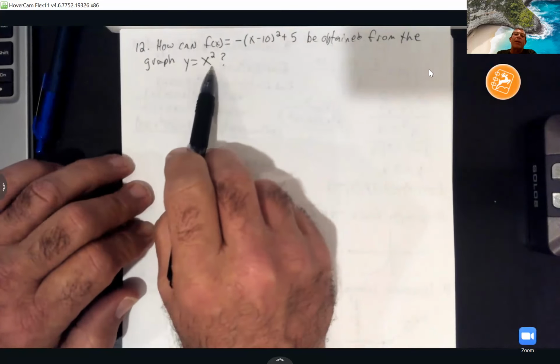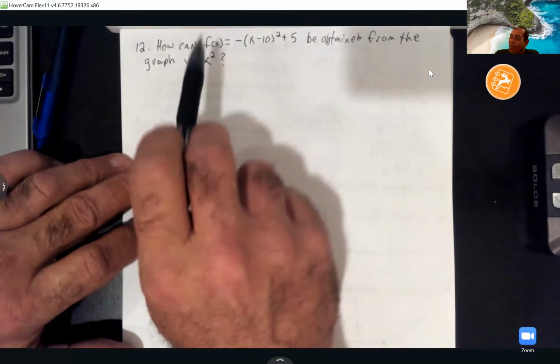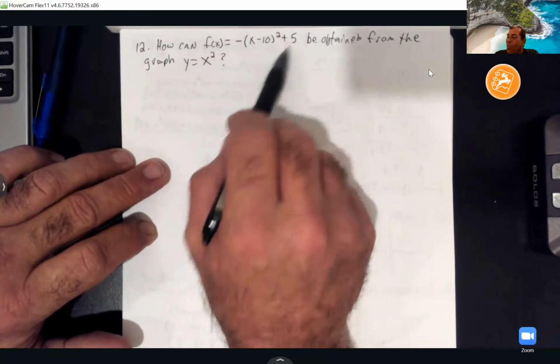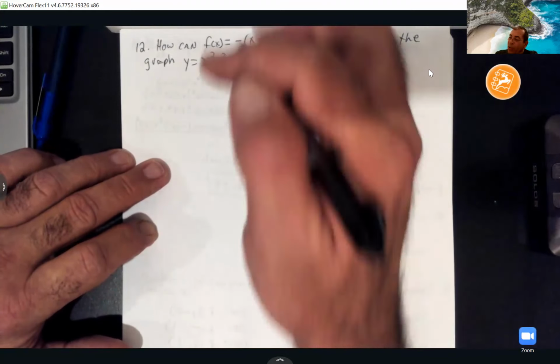So y'all remember, x squared is the basic graph. What we're wanting to know is, what are all these moves doing to it?